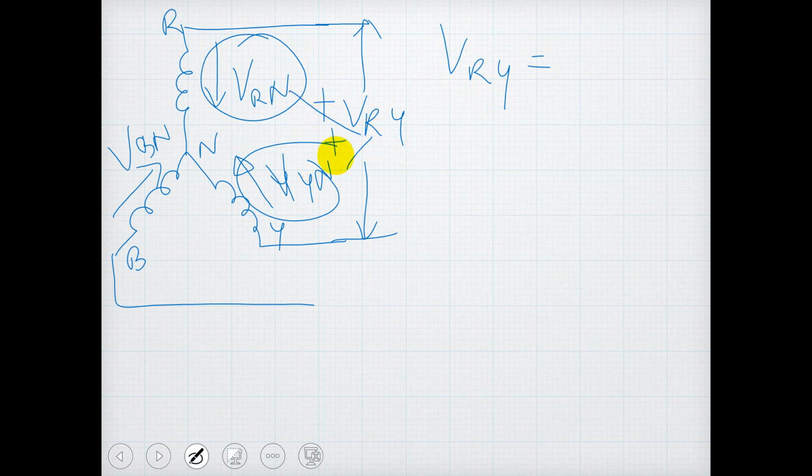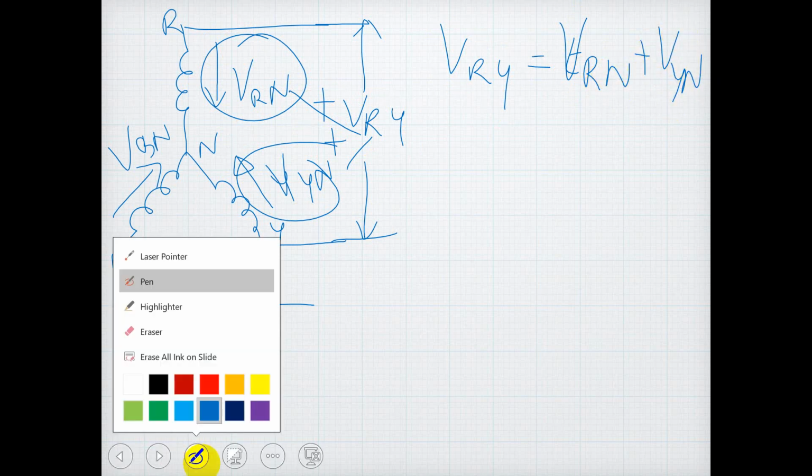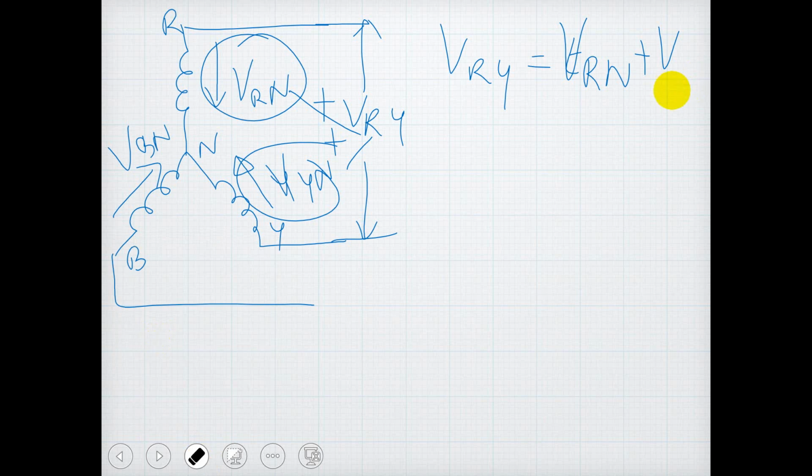If you add these two, this is VRN plus VNY. But we need to get the suffix Y as the first one, so we just interchange that with the sign negative, so VYN.